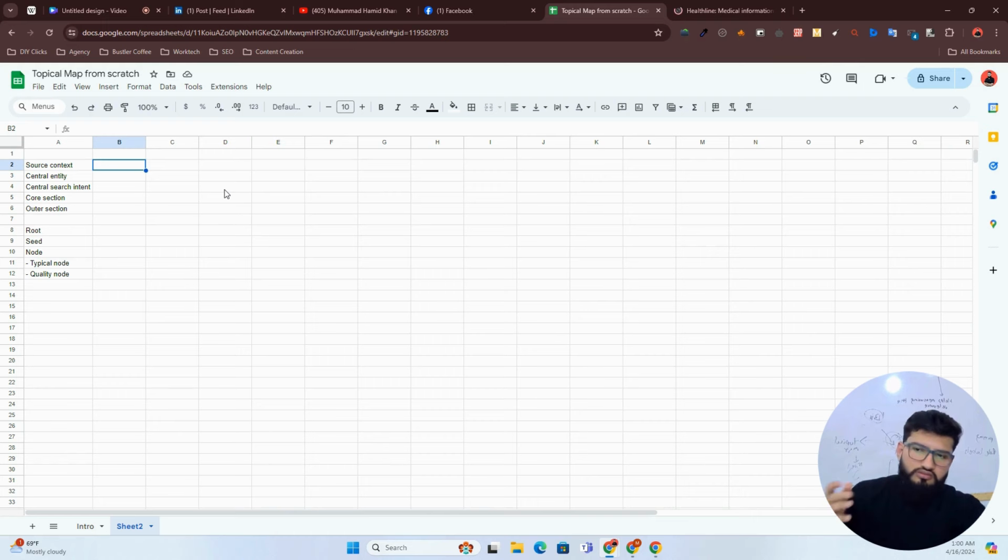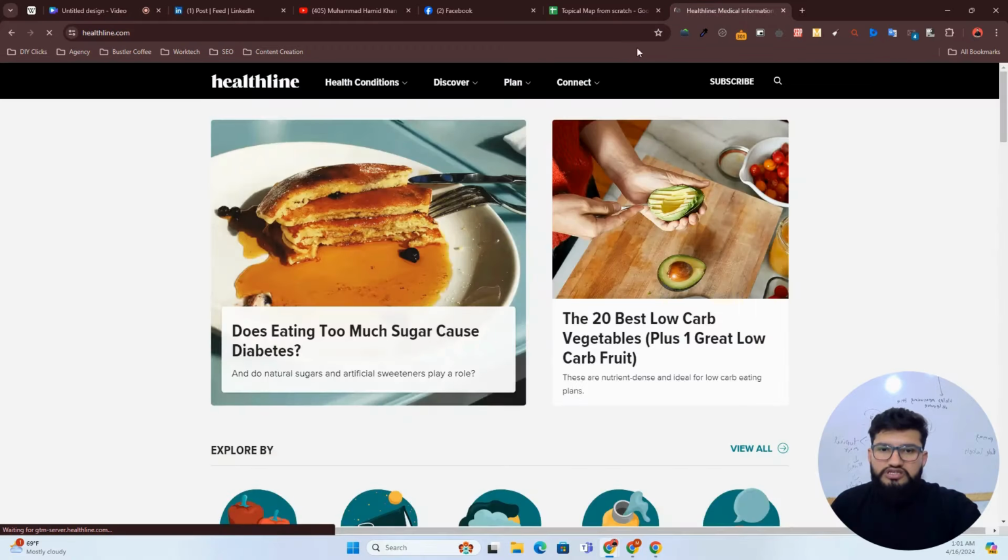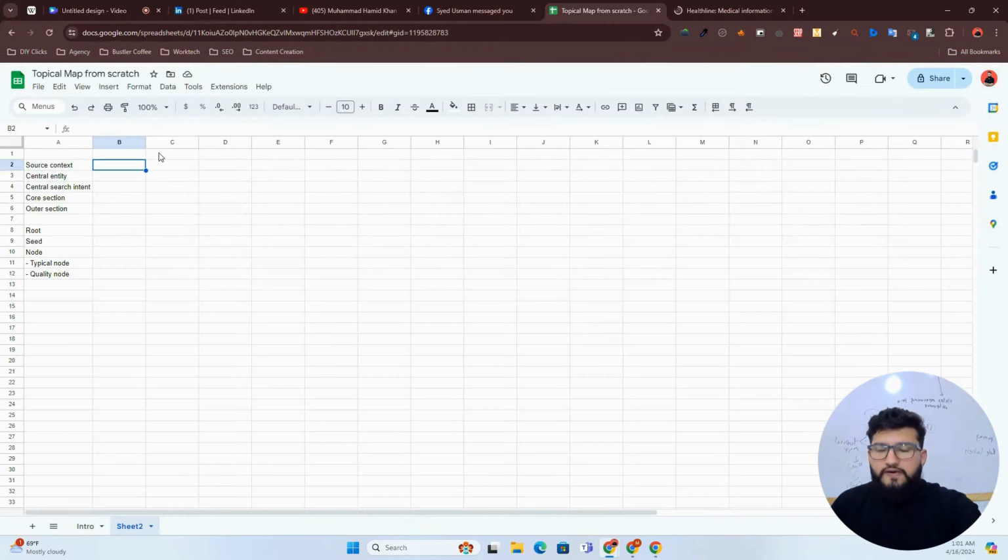So let me now think about a specific example in order to start from here. First, think about anything that's popular. There are some health niches, but okay, let's start with apartments.